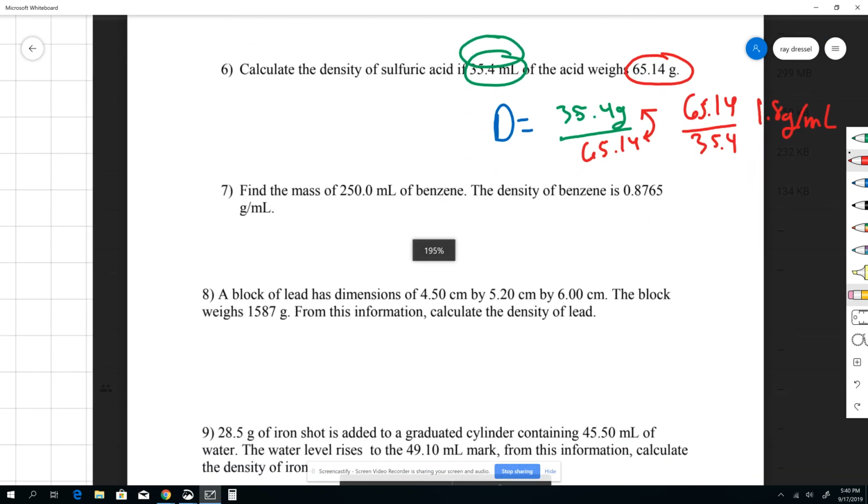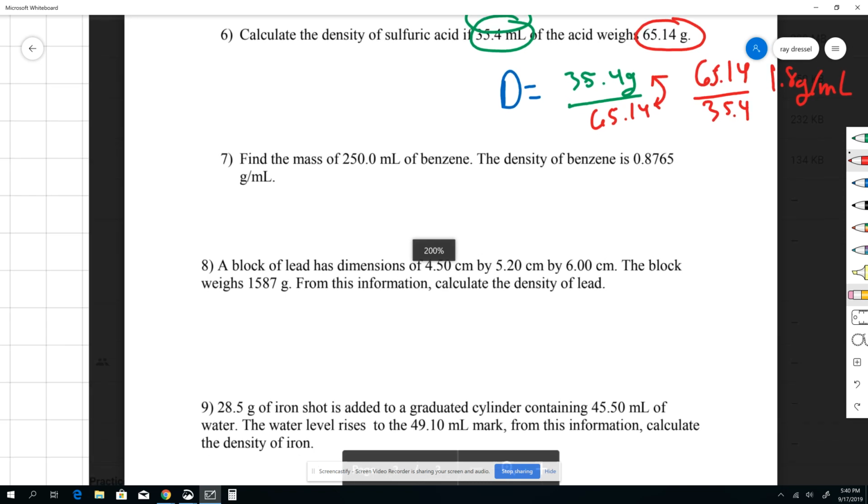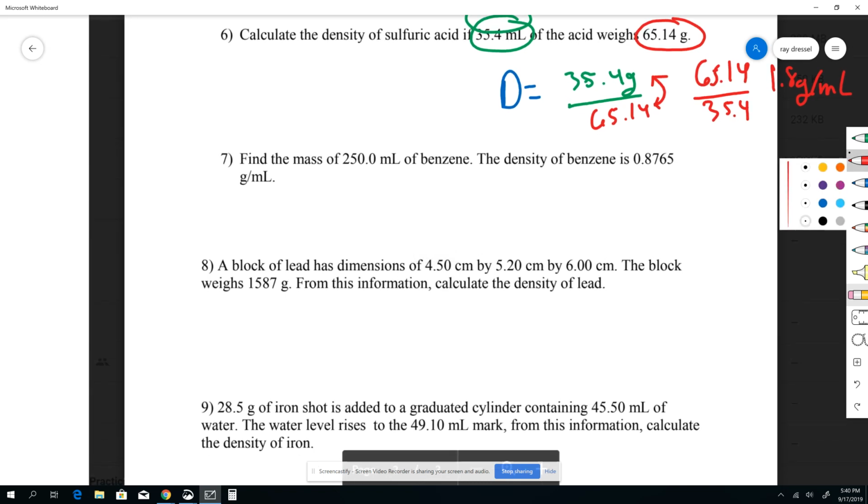What I'm going to do now is just go through the answers with you. Question 7 is going to have a mass, because on this one we're going to find the mass. The mass in this particular case is going to be 219.1 grams.